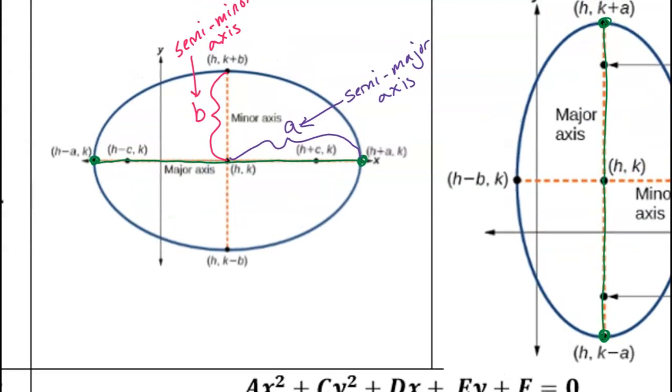Also, a couple more vocab words here. The end point of the major axis is called a vertex, so we have two vertices. If you look at the end points on the minor axis, these are called your co-vertices.